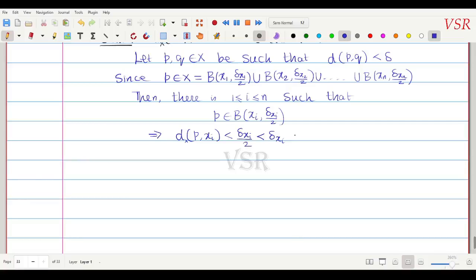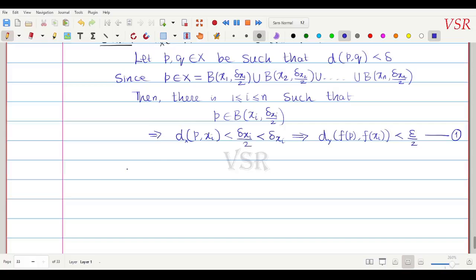So this implies that the distance in Y between f of p and f of xi is less than epsilon by 2. I call this 1. So for p belonging to capital X, we have chosen like this: there exists some xi such that p belongs to the ball with the center xi radius delta xi by 2.